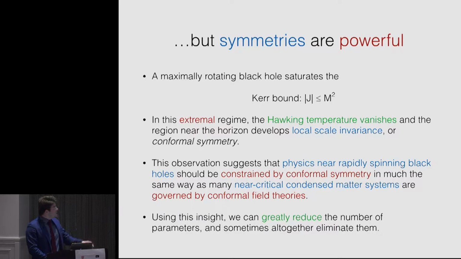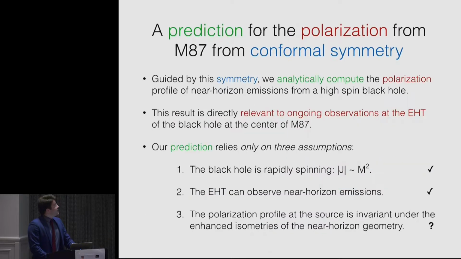And in particular, I think it's important to point out that this observation suggests that physics near rapidly spinning black holes should be constrained by conformal symmetry in much the same way as many near-critical condensed matter systems are governed by conformal field theories. And if we use this insight, we can greatly reduce the number of parameters that are needed to describe the problem and sometimes altogether eliminate them. So in this talk, I want to present to you a prediction that we're making for the polarization that will be received from M87.